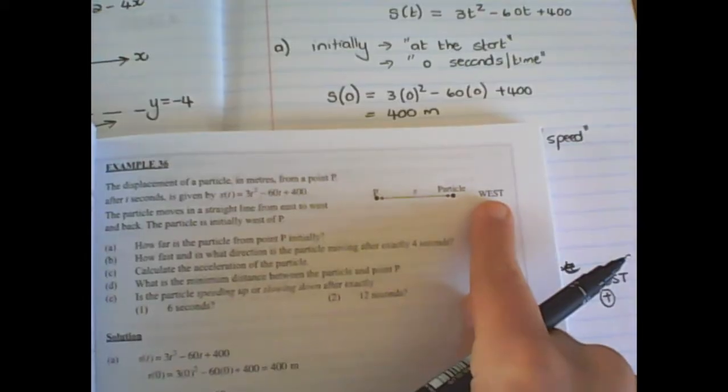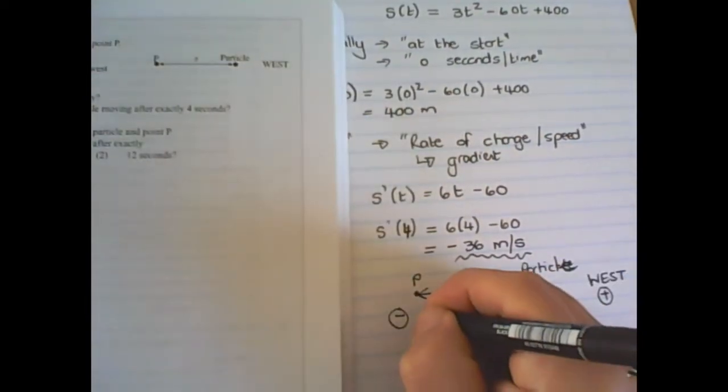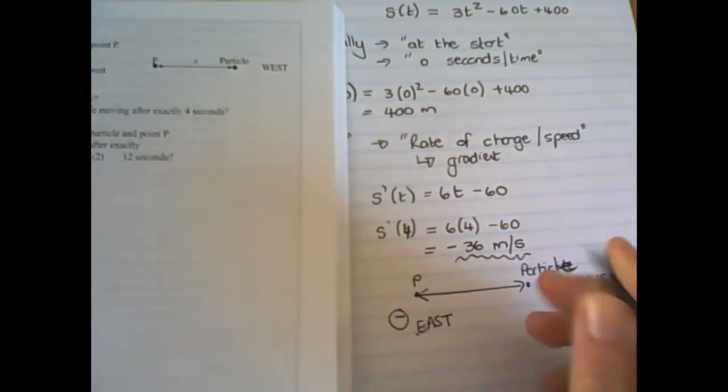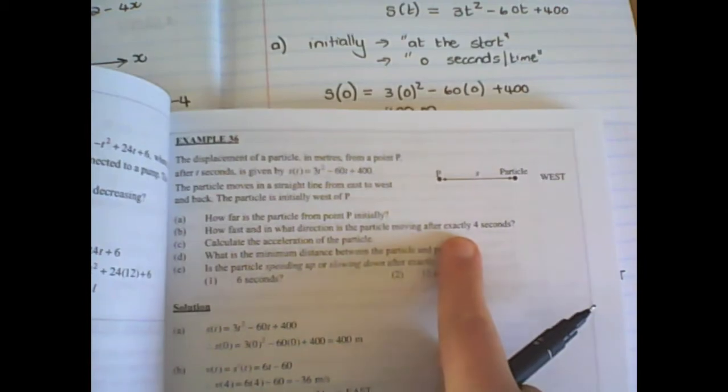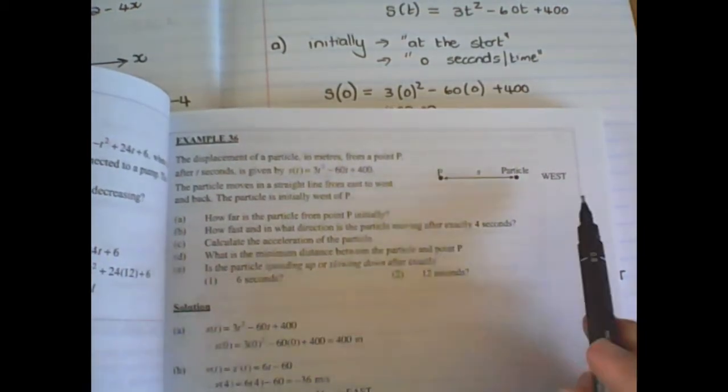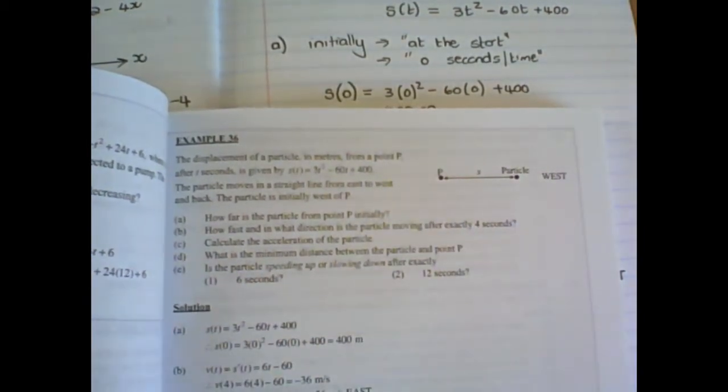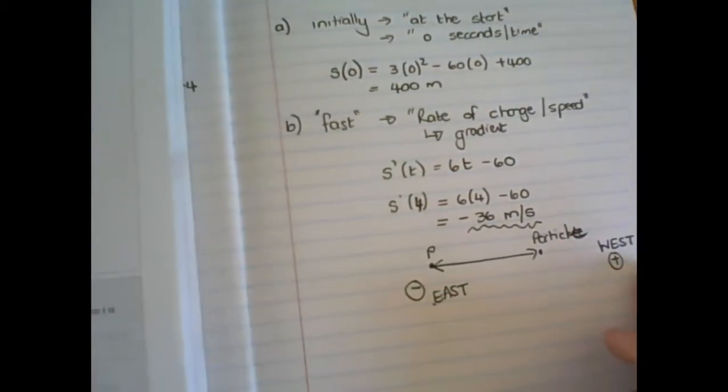So if I move in the opposite direction of west, that is east, and that will then be considered negative. So to answer the question on which direction we are moving, because it's negative, it's opposite the direction we are given, we're going to say that that is east, okay?